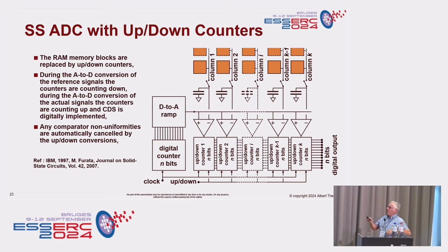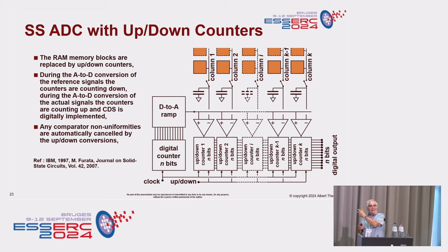And if you have done this for all the pixels for your reference voltage, then you bring the actual pixel voltage on the capacitors over here, and then you flip from down counting to up counting. And then you do the conversion again. And that automatically subtracts, because you did a down counting, the first measurement from the second measurement.